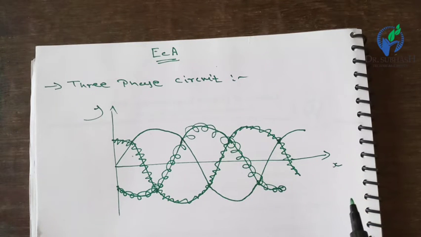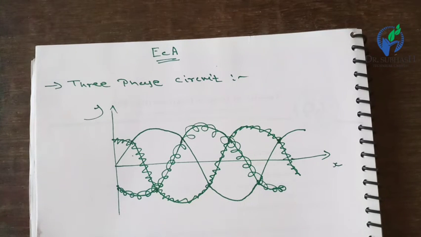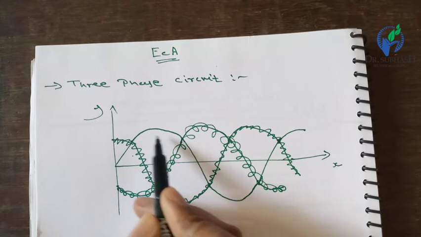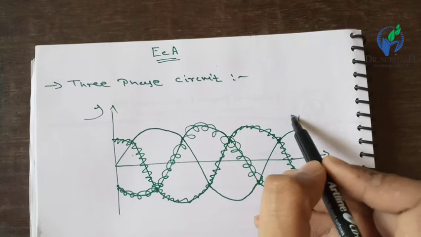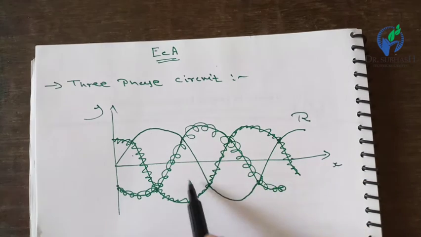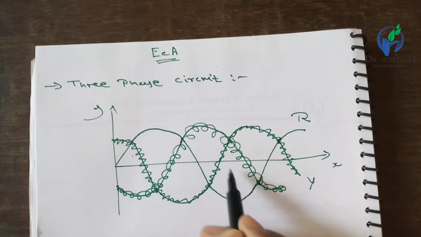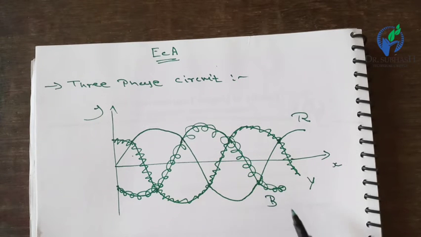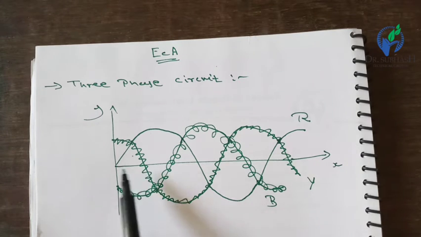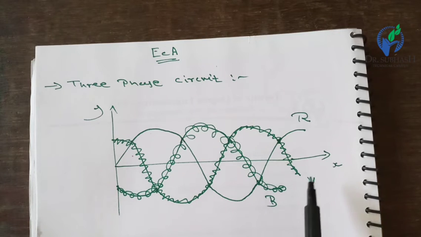So on the x-axis and y-axis, there are the R, Y and B three phases of this waveform. This is the R phase, this is the Y phase, and this is the B phase waveform. It is a simple method to draw the three-phase waveform for the perfect system.